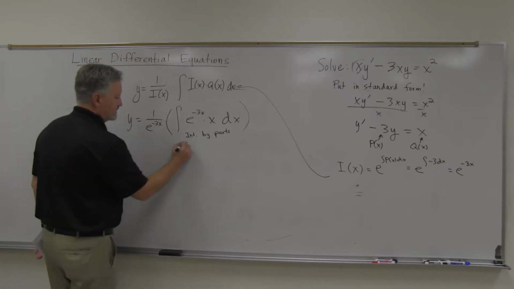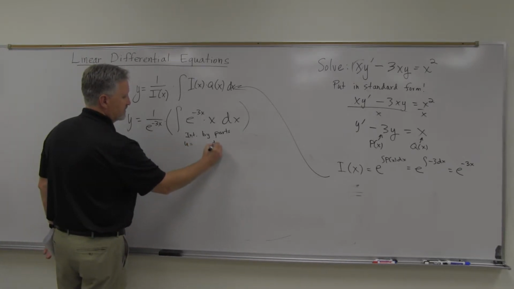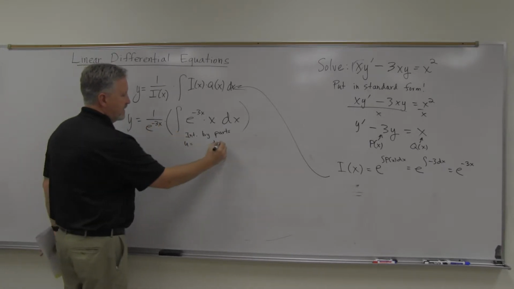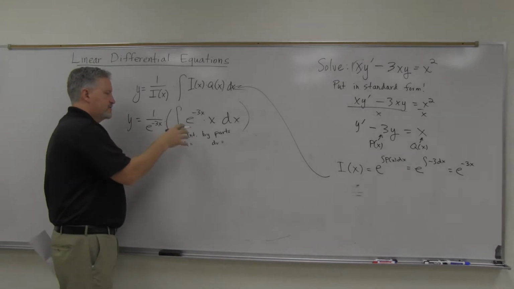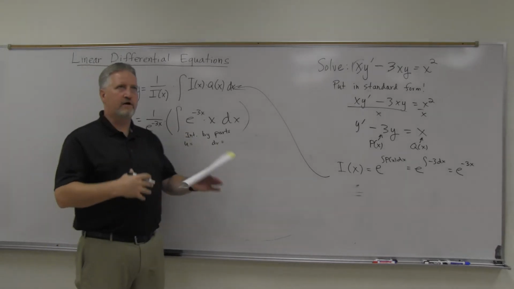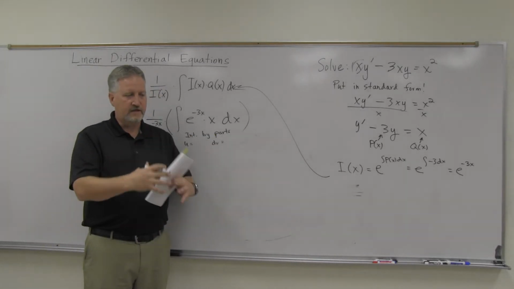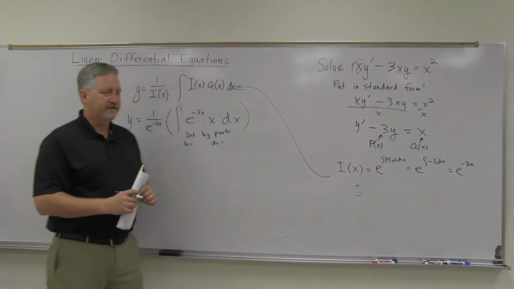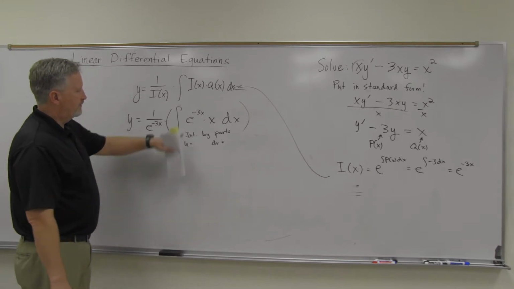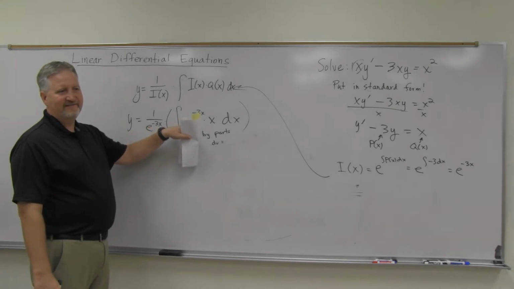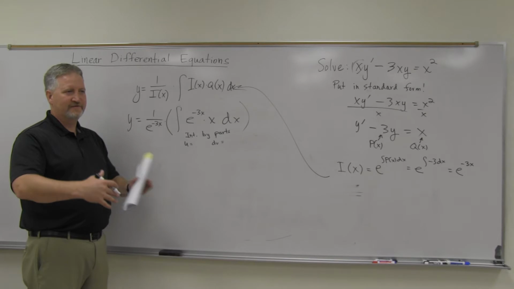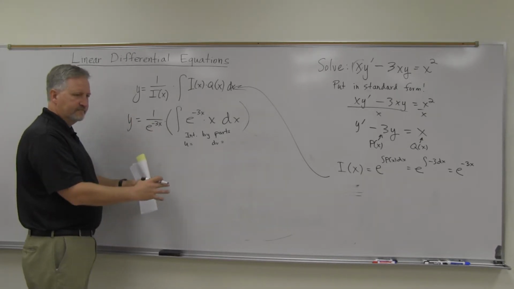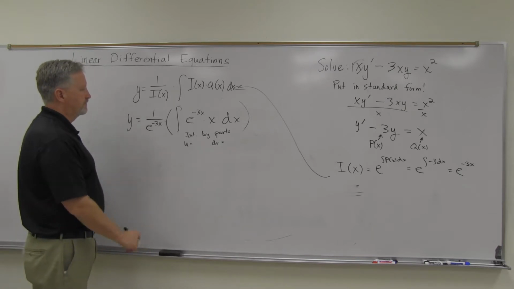All right, so in parts, remember you need to assign one part as u, another part as dv, and usually what you want for u is something where the derivative becomes an easier expression. Well, if we choose u to be e to the -3x, that's just going to cycle. The derivative is going to have e to the -3x, so that's not going to cause u to go to a simpler form.